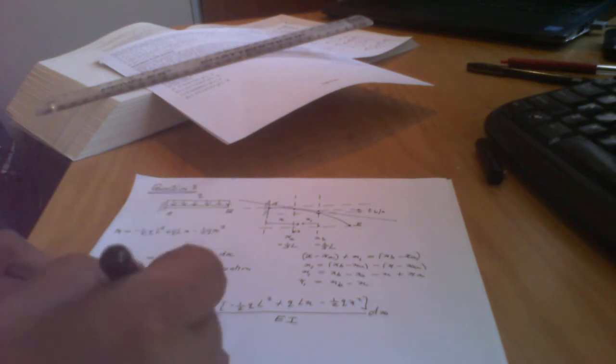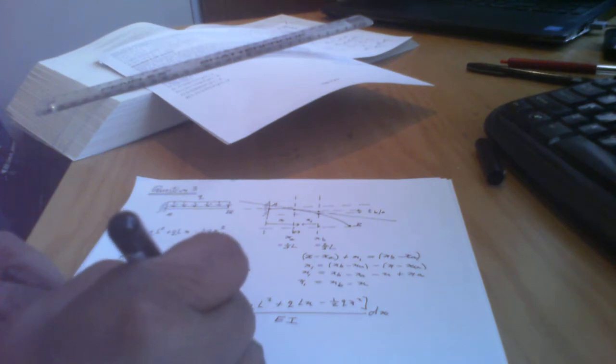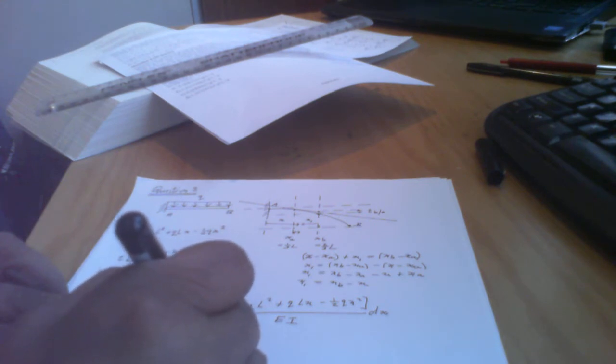Now 2/3 L times minus a half, that would be minus 2 over 3 times 1 over 2, which is minus 1 over 3 QL cubed.